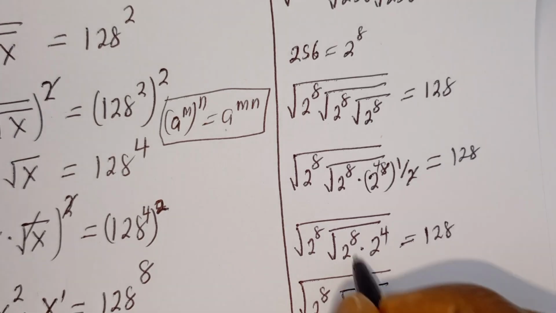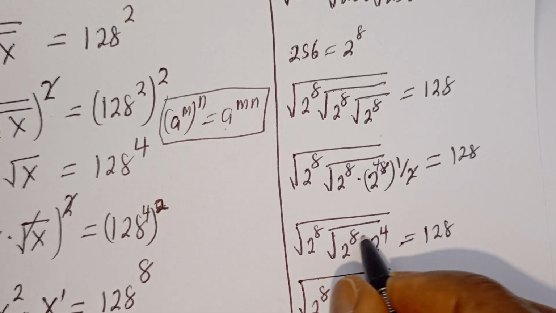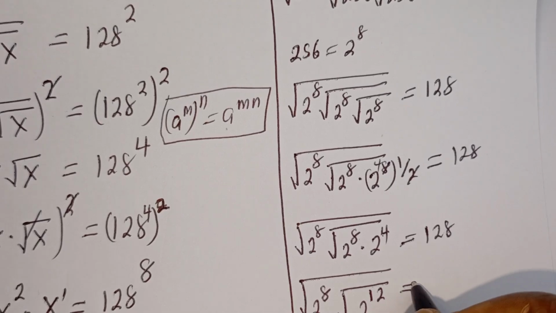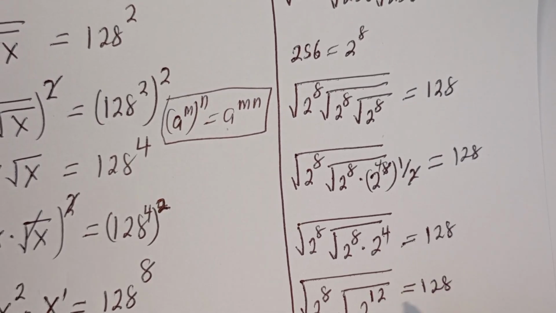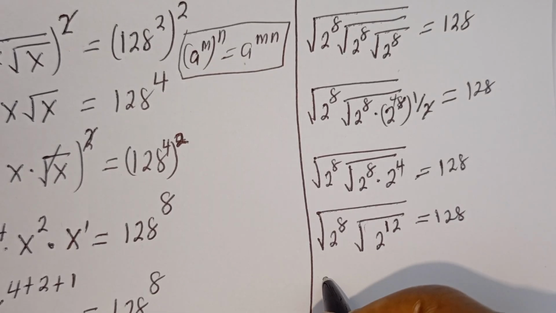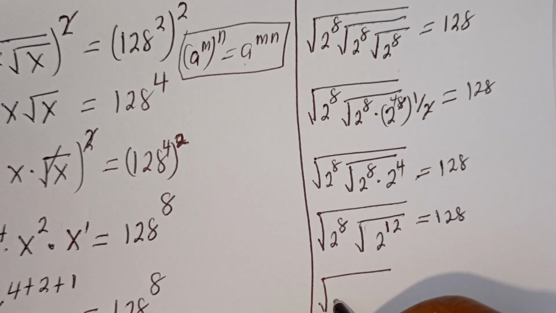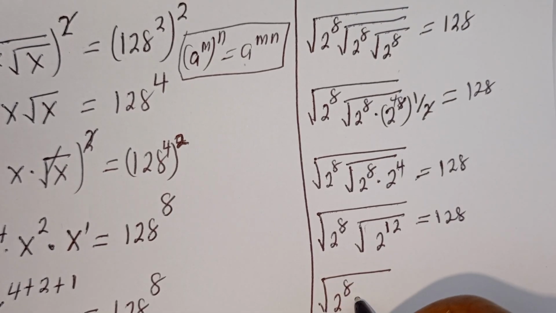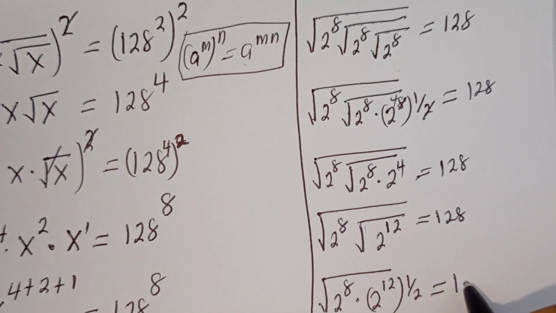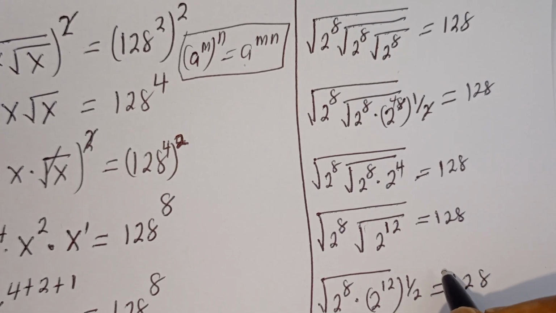The square root of 2 to the power of 8 plus 4, that is 12, is equal to 128. Now let's consider this again. A square root of 2 to the power of 8 multiplied by this is 2 to the power of 12 to the power of 1 over 2 is equal to 128.